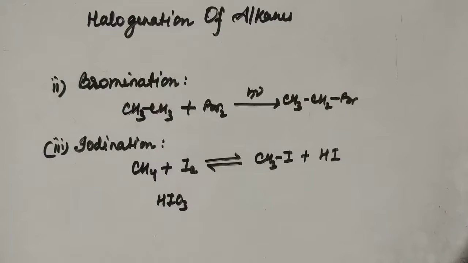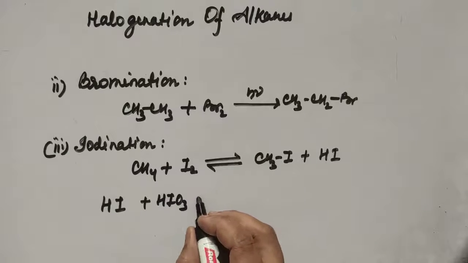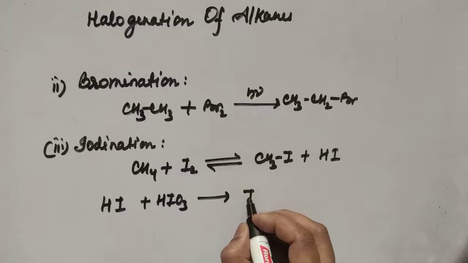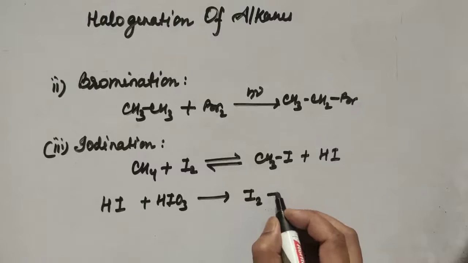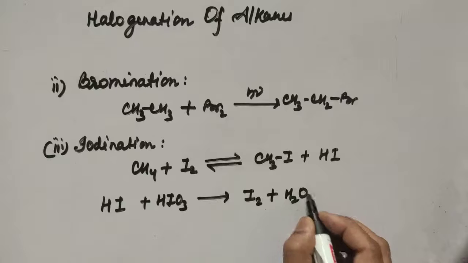Okay, so let us see. Suppose we are taking oxidizing agent HIO3. What it does actually, in the reaction mixture, when HI is formed, it reacts with this, and forms I2 plus H2O.